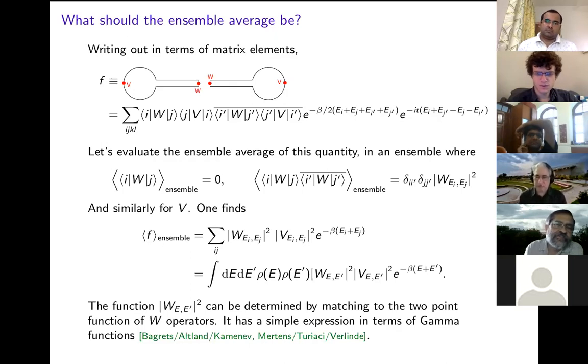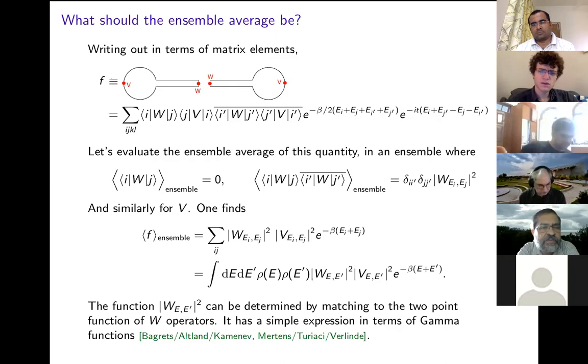By the way, is there something wrong with ETH for non-Hermitian operators? I don't think there's a problem with ETH. I thought the main difference why you can't use it here, as you explained, was that this W is not a positive definite, not a Hermitian operator.